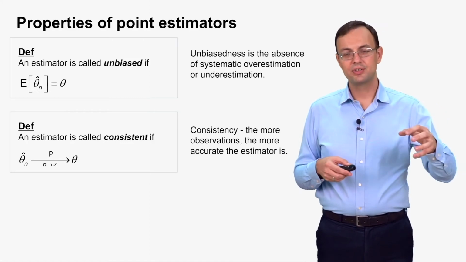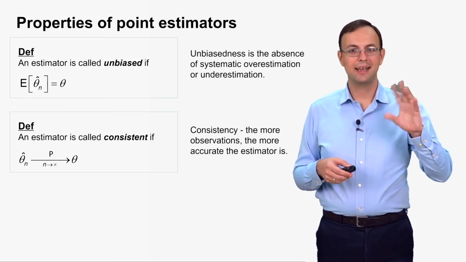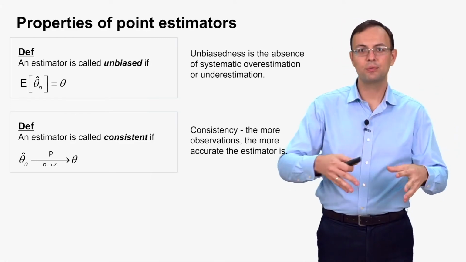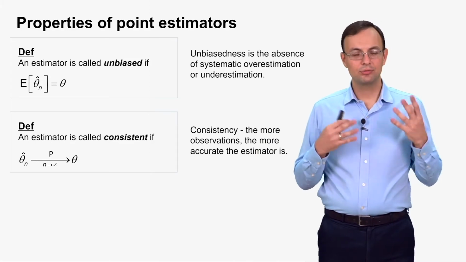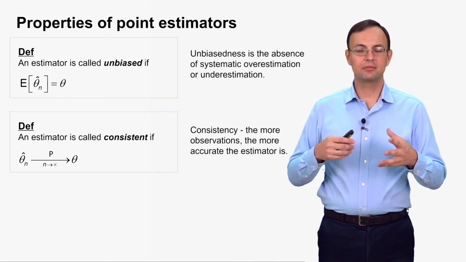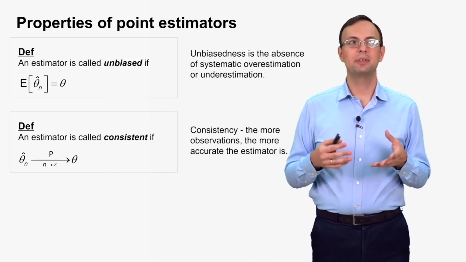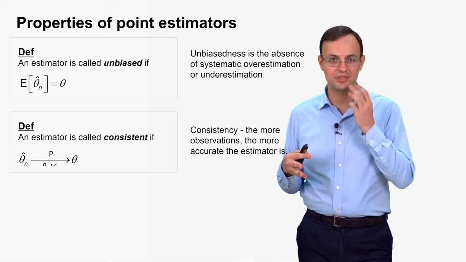So this theta 1 hat is calculated according to this formula, and theta 2 hat according to this formula. And so how to choose the best one? So how can we introduce several different estimators for a single parameter?